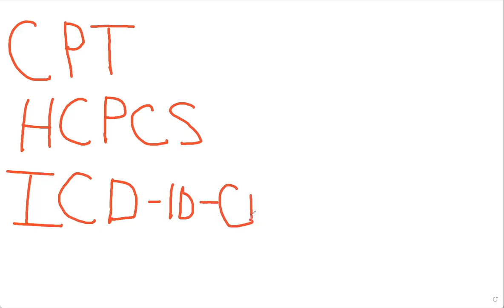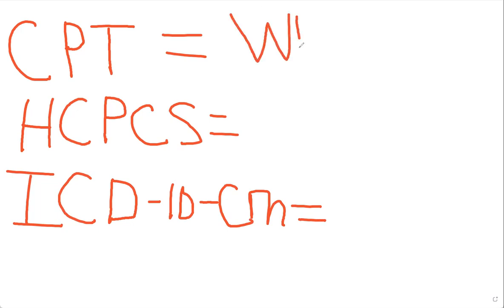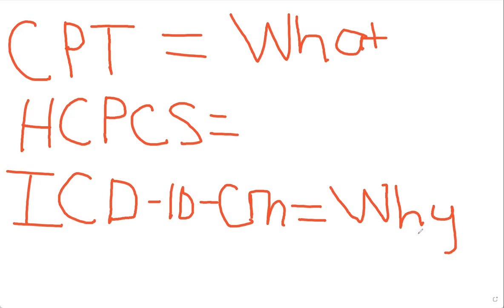What's the difference between ICD-10-CM and HCPCS? The difference is the digits. It's five for HCPCS and anywhere from 3 to 7 with ICD-10. Also the decimal point. And one is a diagnosis one, and one is a procedure.